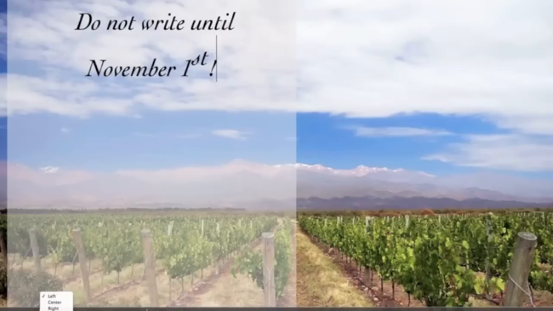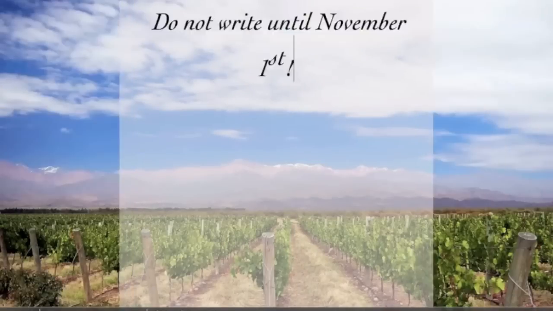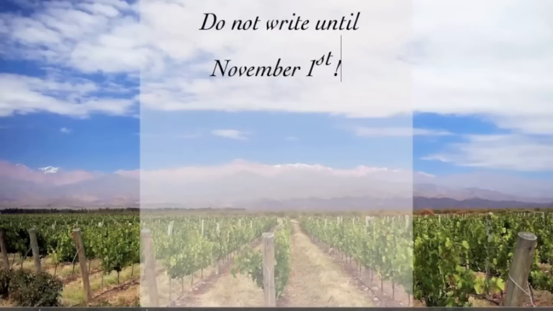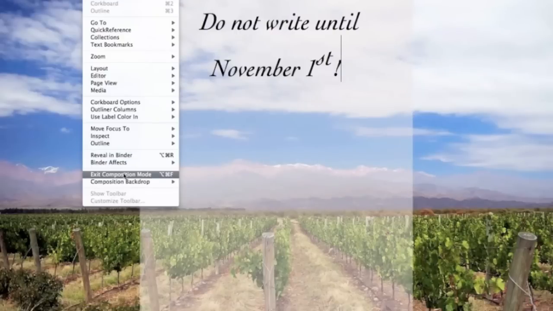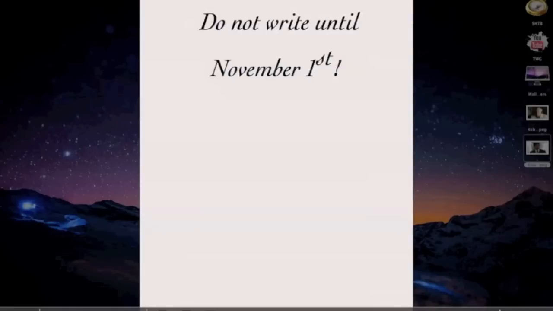You can decide what side of the screen you want the text to be, how large you want it, how small you want it, so you can see your background. And to show you how to change your background, I'm going to get rid of mine real quick. So this is what it looks like.